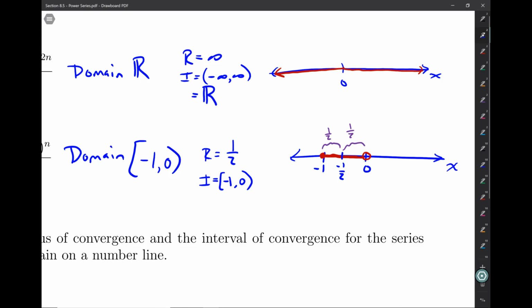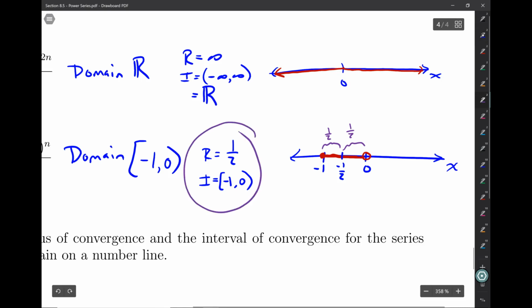Last thing I want to make sure that you can identify is a pattern here. When we look at a radius of convergence compared to its interval of convergence, the radius is always going to be half of the length of the interval. And that's because we are thinking of this like a diameter.